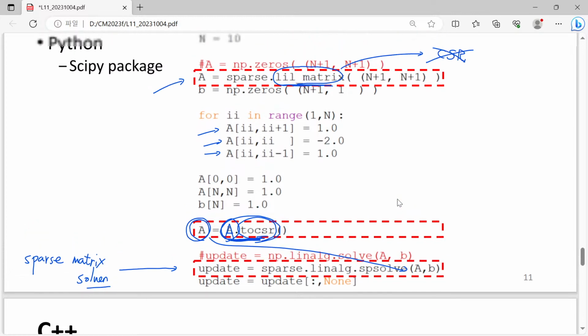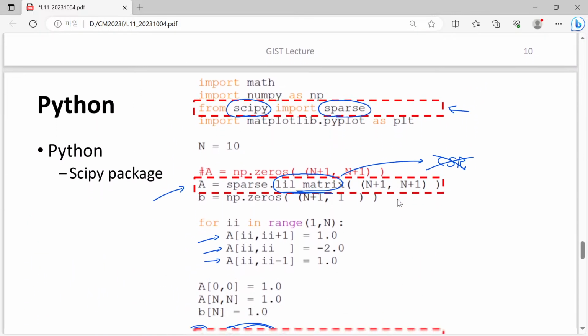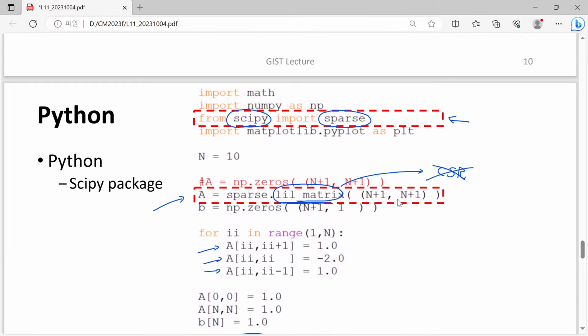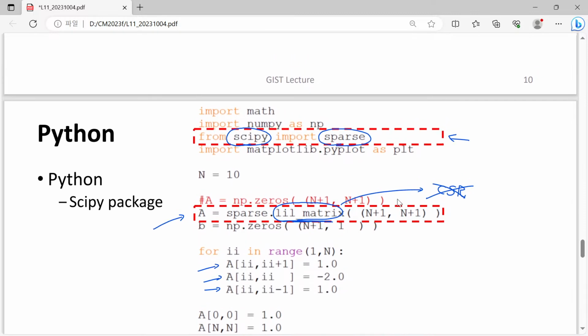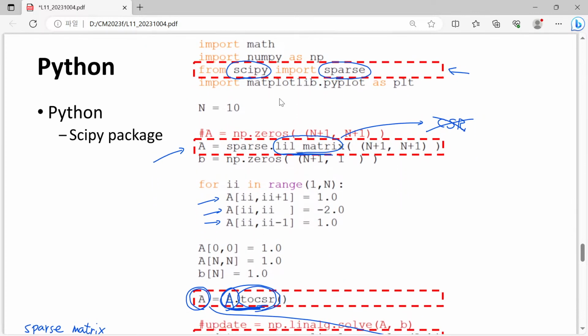So it seems to be a little bit more difficult, but anyway, this is the real working code for our example. So what you can do, if you are a Python user, is just type it and increase the number n. Then you will find that you can have a different performance for your Python.